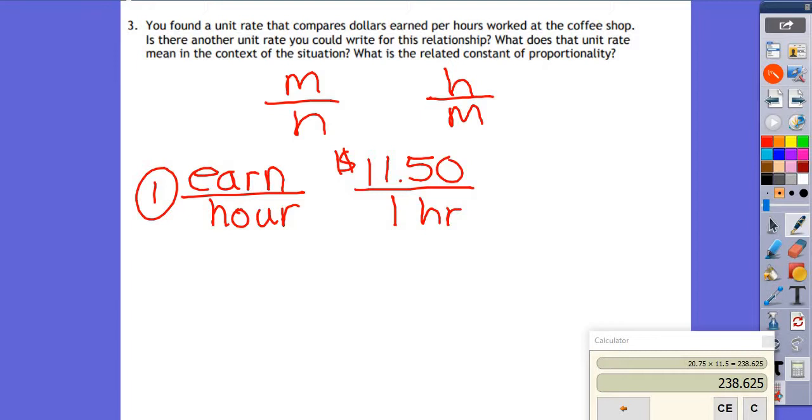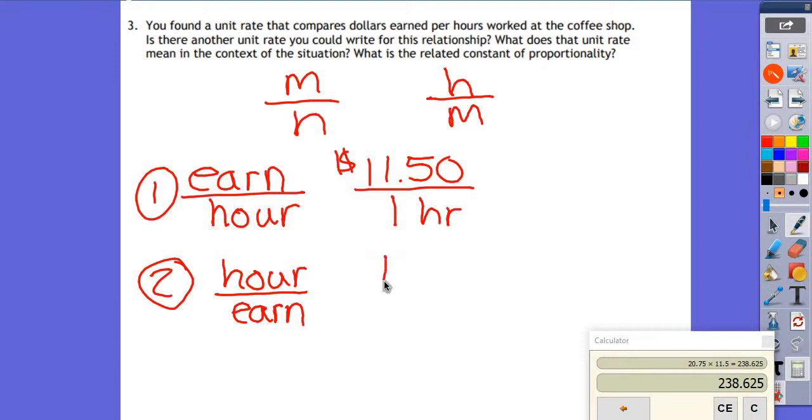I just explained how to do it up here. So the second one, just like I did on miles per hour and hours per mile, how could I write my second one? Hour over earn. Hour per earned. Well, so that means what has to happen to my numbers?